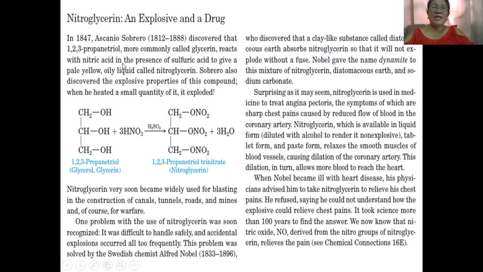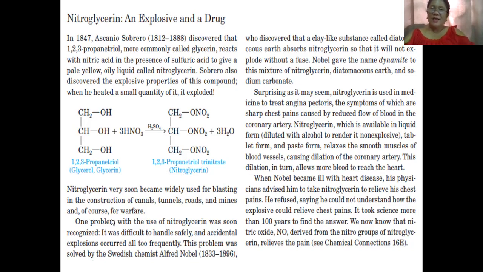When will it be used as an explosive? When glycerol reacts with nitric acid in the presence of sulfuric acid, this will give nitroglycerin, which is a yellow liquid. And this is used as an explosive. In what way?